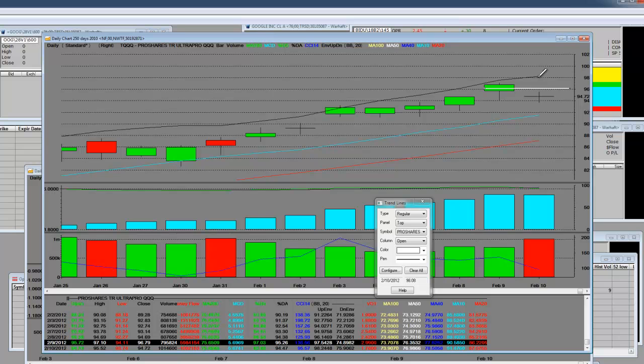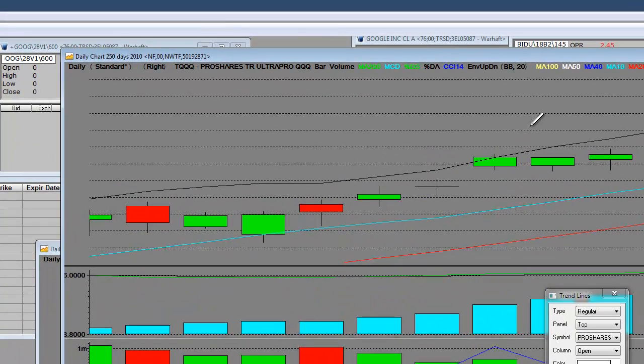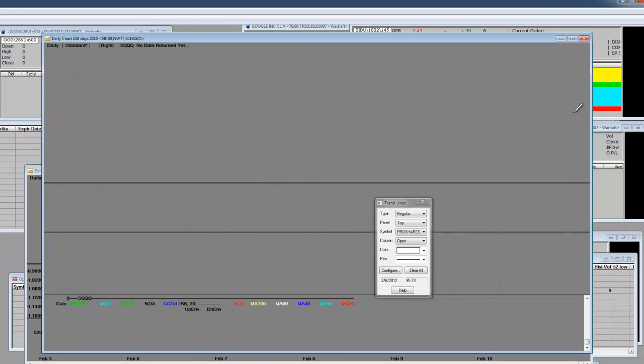If we do break above it, each higher high will have an immediate reversal. This is the TQQQ ProShares Ultra Bull, and it's performed really good over the daily. So unlike its co-partner, the bear, that's the SQQQ.